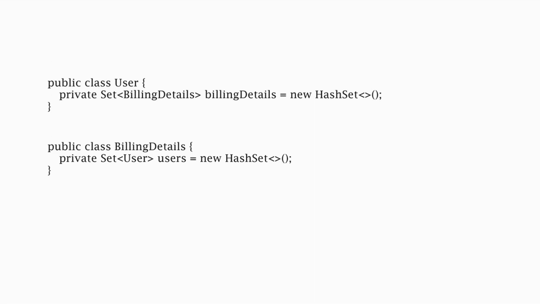Now think about it, how to achieve the same in database tables. In database tables, it is quite difficult to achieve this with two tables. We have to create a new table for the many to many association.